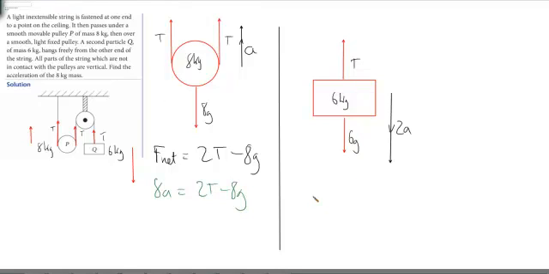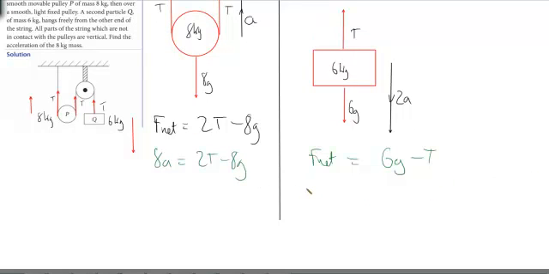This one here we have the net force again is equal to 6G minus T. In this case the net force is going to be mass times acceleration, but remember that instead of A we're going to put in 2A times 6 is equal to 6G minus T.